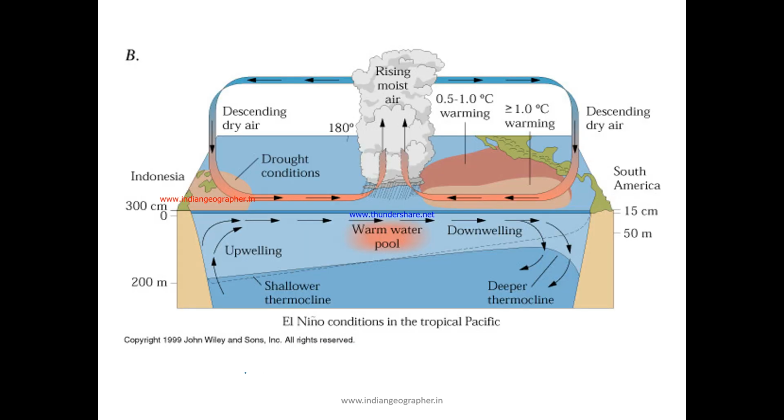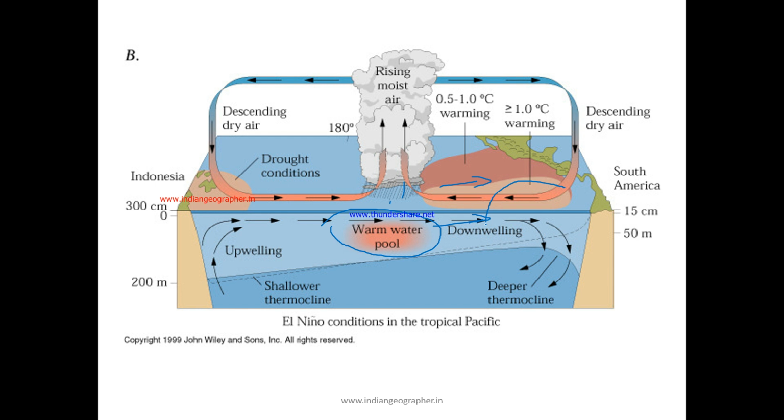So this is another cross-sectional diagram which shows the shifting. The warm water pool was here, and it has shifted to the Central Pacific, causing huge rising air and huge torrential rainfall here, and this slowly shifts towards the Eastern Pacific.